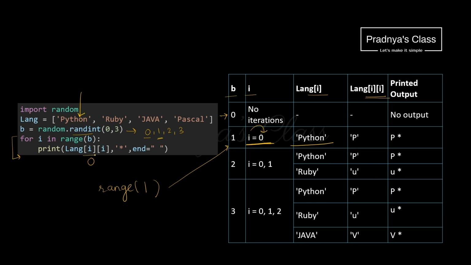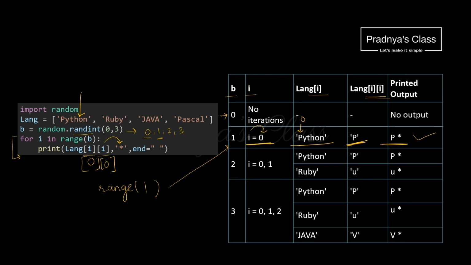And using these two indices, we are actually writing language of 0 of 0. It means from the string, we need only the character which is at index 0. It is nothing but P. We got the character P. After that, we need to concatenate a star. So we will get P star. It means we got one of the outputs. Hope you got the working of the code.